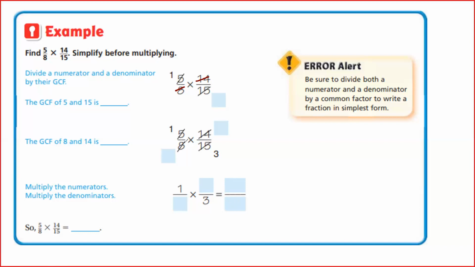Now, 8 divided by 2 is 4. And 14 divided by 2 is 7. Then 1 times what? 1 times 7. Bravo. And 4 times 3 is 12.